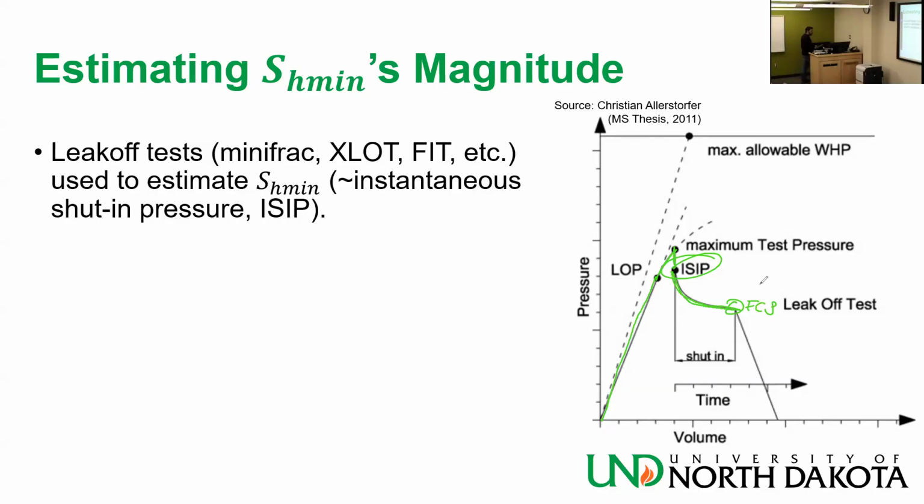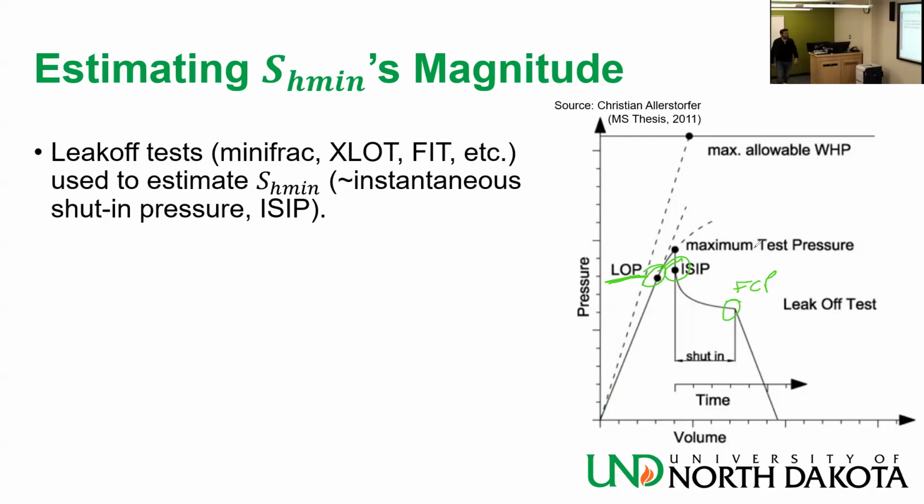Now, in a leak-off test, I have this pressure, LOP. What does it mean, leak-off pressure? That's where the slope starts changing. Leak-off pressure, LOP. And then I have ISIP right there. And then I have what I told you, FCP, but it's not in this plot here.